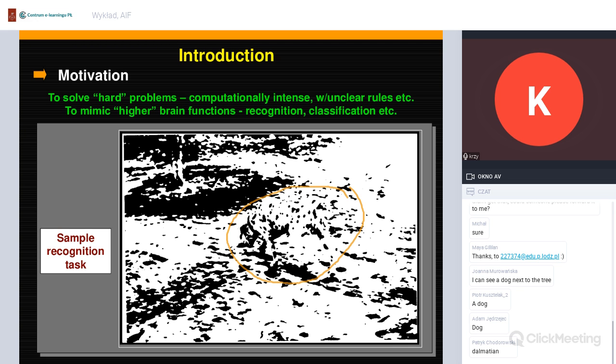And that was one of the motivations for launching research on neural networks, because computers in the 70s, 80s, 90s were unable to communicate with us using speech, for example, because we had no good ideas on how to algorithmically help computers to understand speech. So people decided to try to copy or clone or emulate the way we are doing that. And that was one of the incentives for developing research on neural networks.